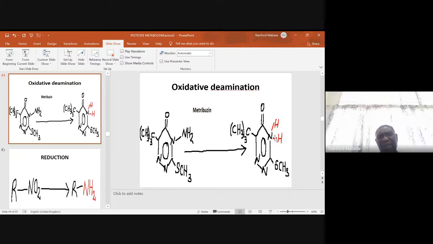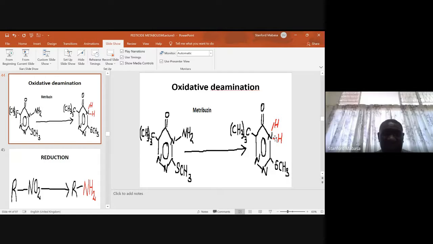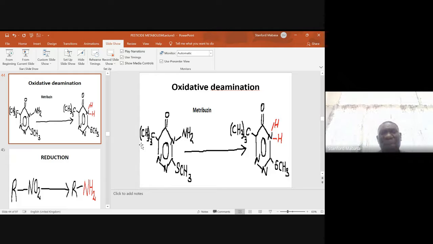Nevertheless, if we have any pesticide for that matter, having such a structure, that pesticide is likely to undergo a similar reaction, oxidative deamination. Remember, there are several of these pesticides. We only need to identify whether we have nitrogen attached to another nitrogen.